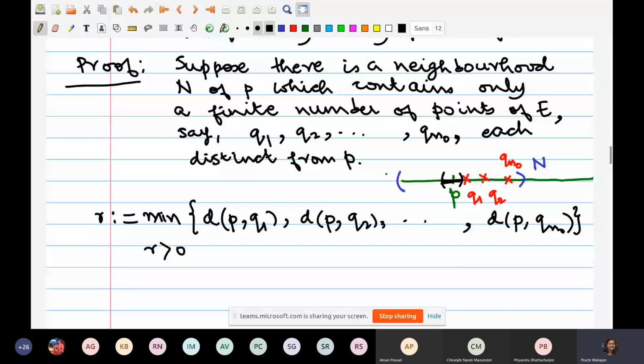So now my suggestion is that let's look at this open ball in the metric D with center P, radius R. Mind you, this is exactly what I have drawn in black ink here.